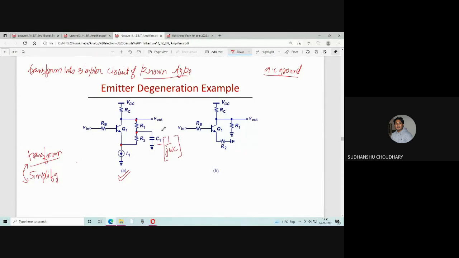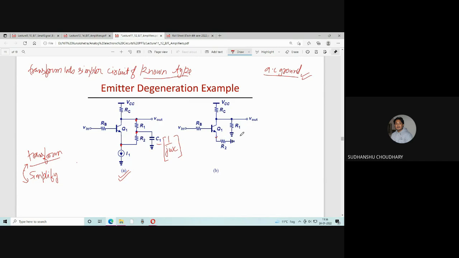Considering this AC ground concept, I can simplify this circuit into this, right? The job of this capacitor is to couple the current coming from the emitter to ground via this resistor R2, or the current coming from the collector side via R1 to ground. So I can simplify this circuit into this.